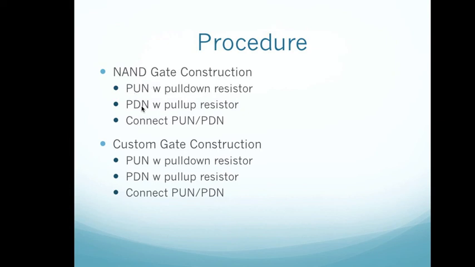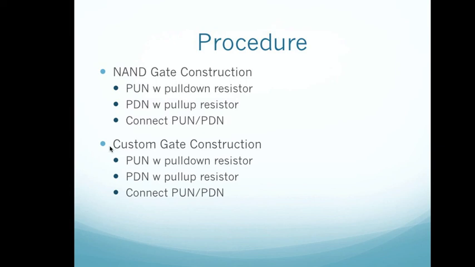These two should have identical truth tables. And then once you get both of those done, you're going to get rid of your pull-up and your pull-down resistor and connect up the standard CMOS circuit, which is a pull-up network connected to a pull-down network. So all three of these should exactly match your predicted functions that you got in Prelab.